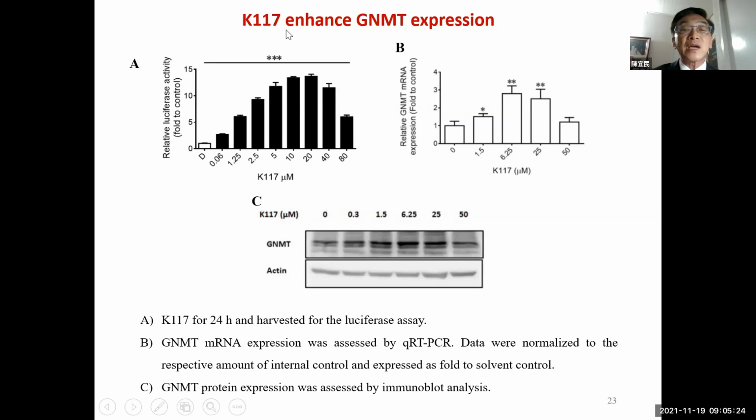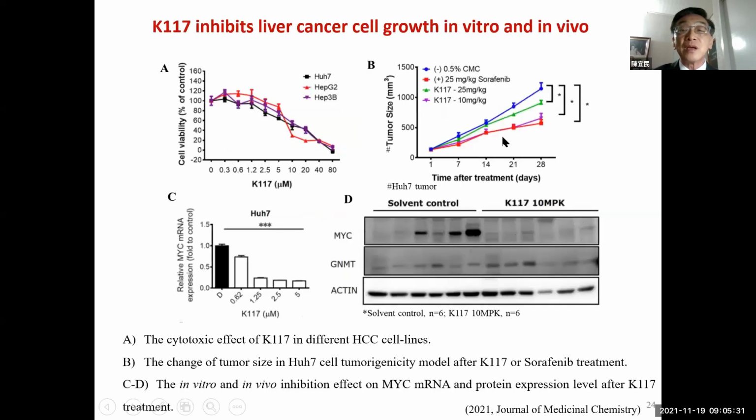So this K117 has very good activity compared to sorafenib. Here, this shows the cell viability of 3 hepatoma cell lines, Q7 cells, HepG2 and Hep3B cells, when treated with different concentrations of K117, and you can see their survival decreased.